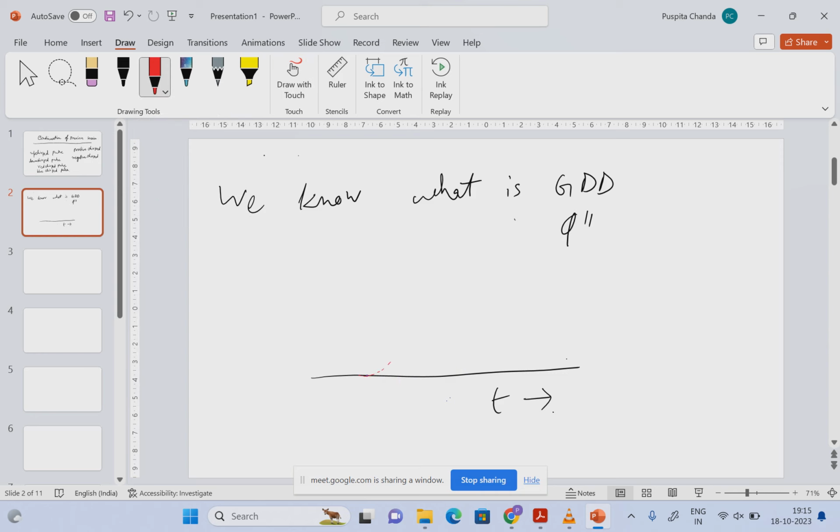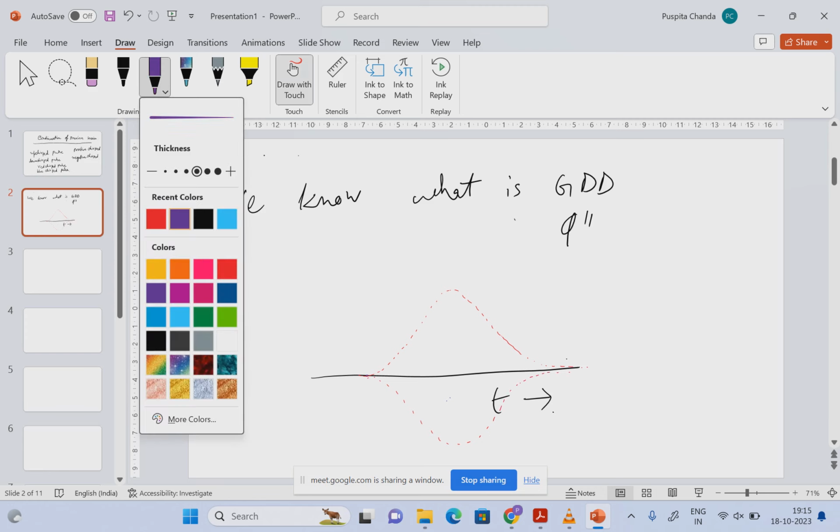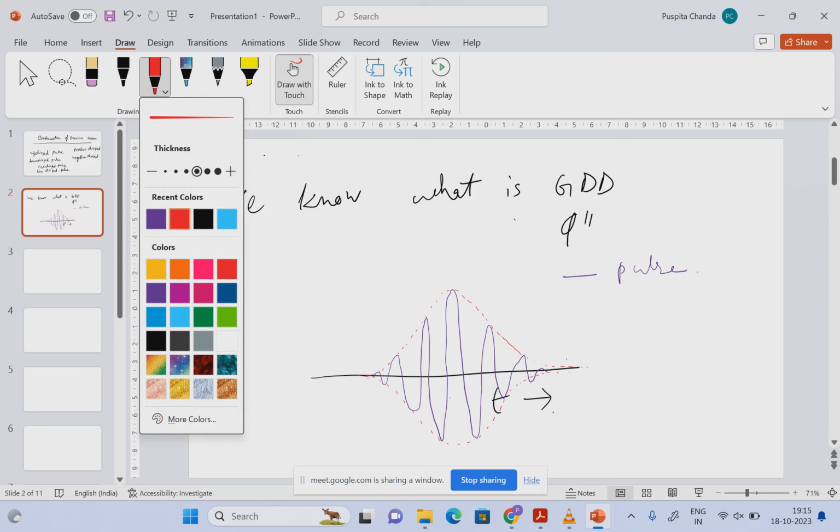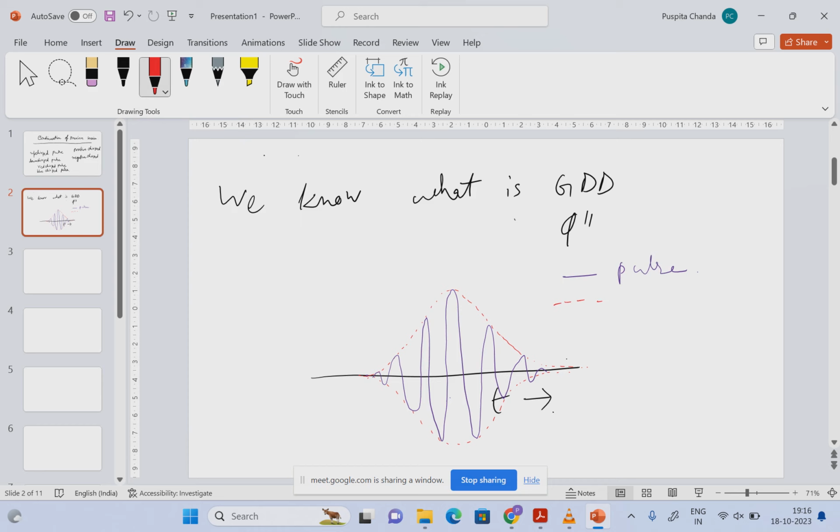Let me draw the envelope. This is the envelope of the pulse. This is a normal pulse.